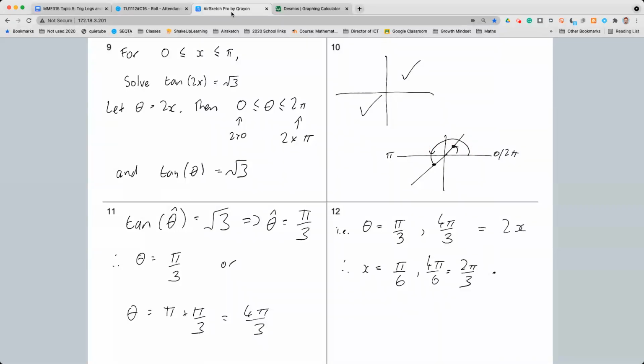Maybe the CAST diagram's a bit tricky to look at, but they're back between these two values again. So 2/3 of pi and pi on 6 are between 0 and pi. This final step takes our theta angles and reduces them back to our original domain. And you're done.